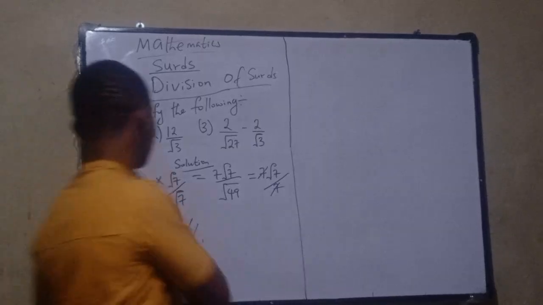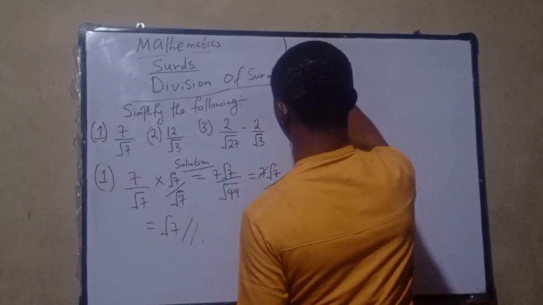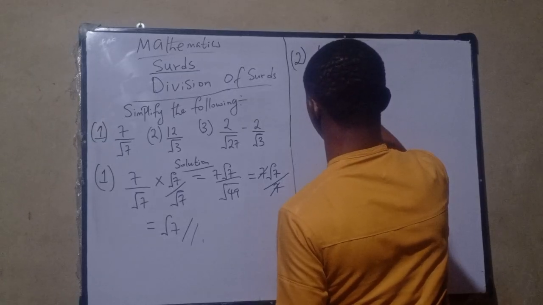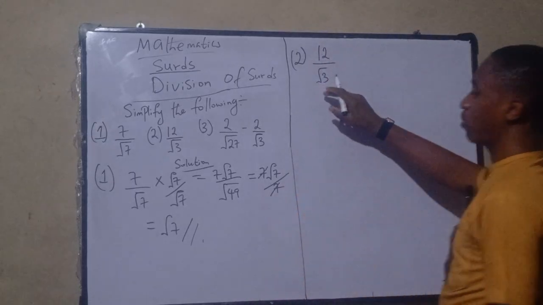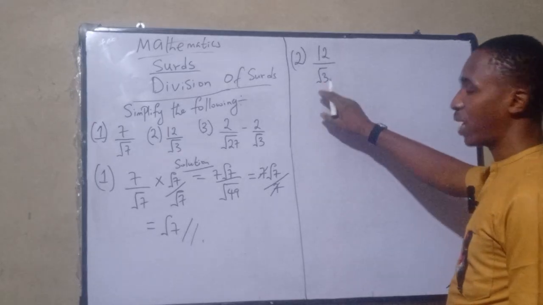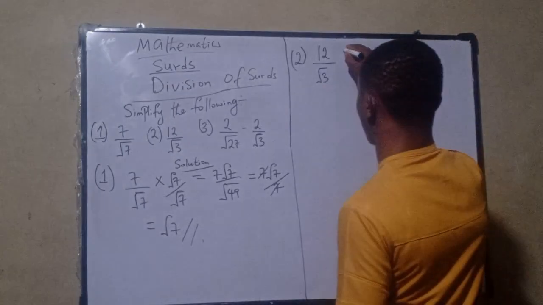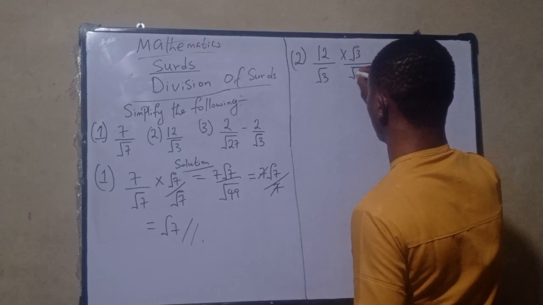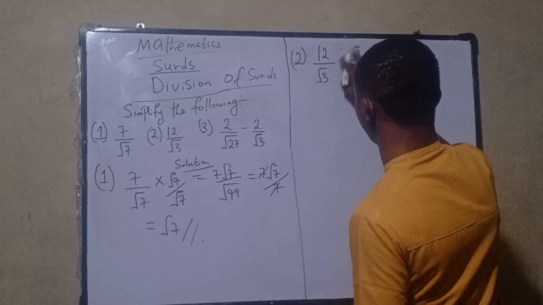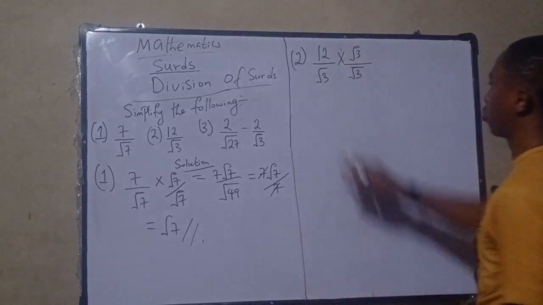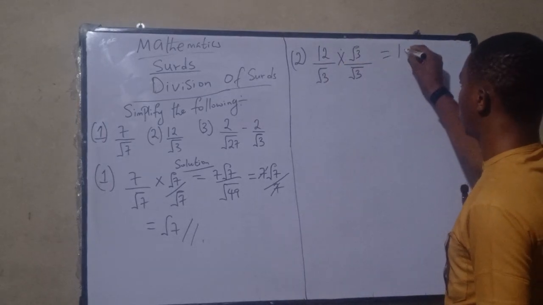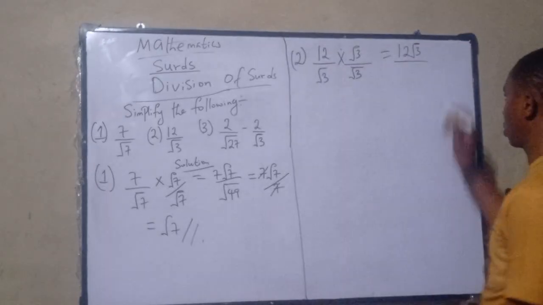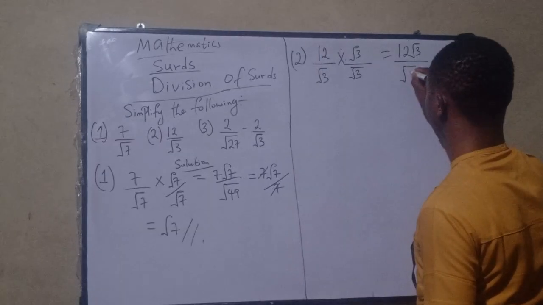If you understand, let's proceed to the next one. We have 12 all over root 3. We are going to multiply both the numerator and the denominator by this surd. So multiply the numerator by root 3 and the denominator by root 3 as well. So 12 times root 3 is 12 root 3, all over root 3 times root 3, that is root 9.